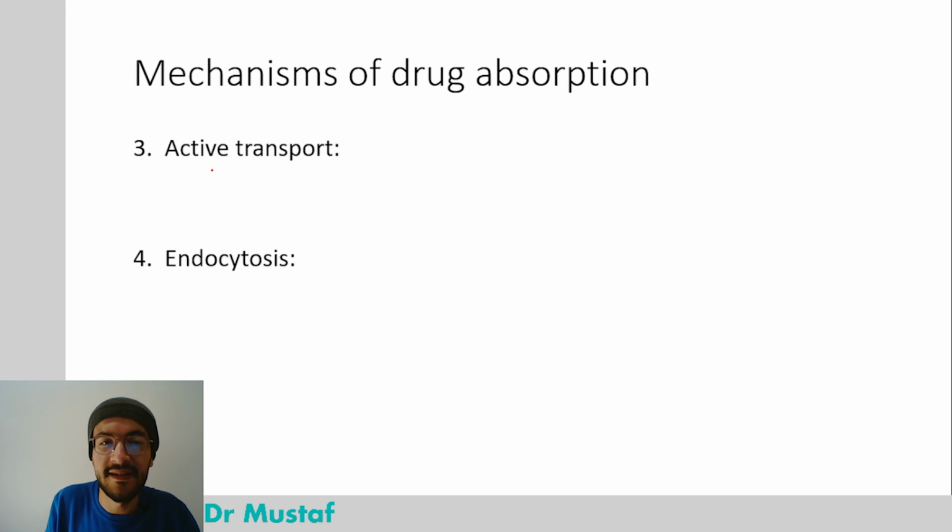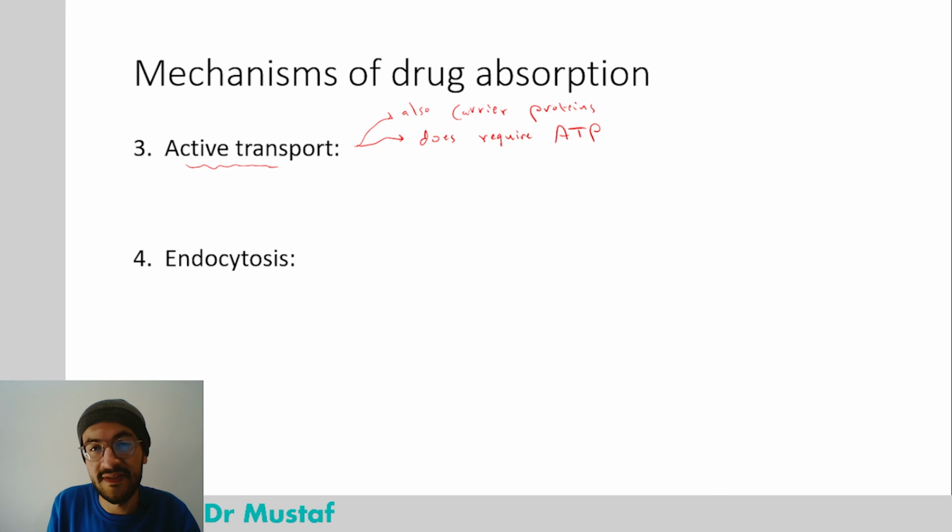The third process is the active transport. The active transport also requires a special type of transmembrane carrier proteins, and those carrier proteins do require ATP energy, in comparison with the facilitated diffusion, which does not need energy, while the active transport does require energy.